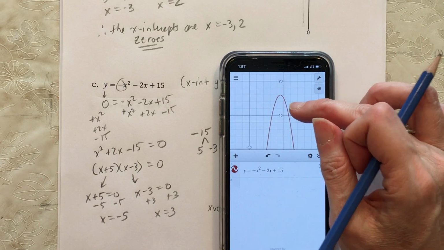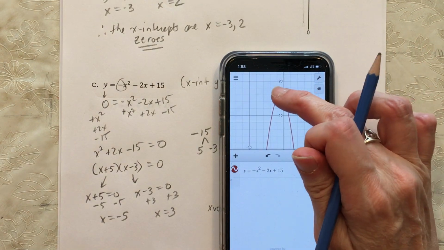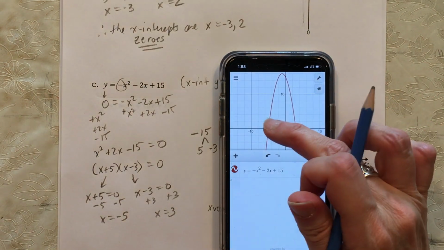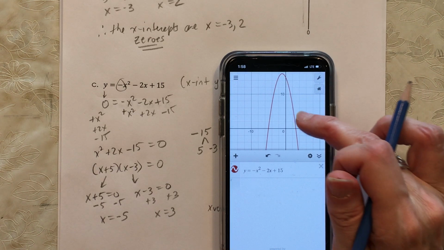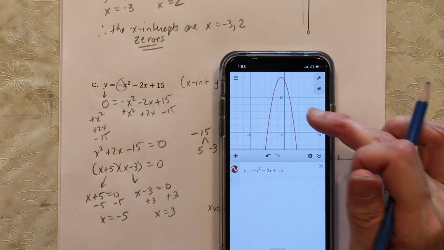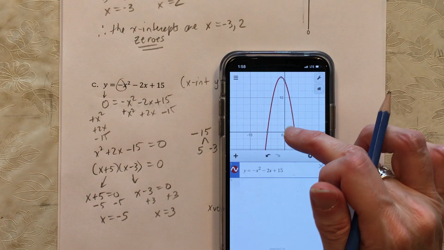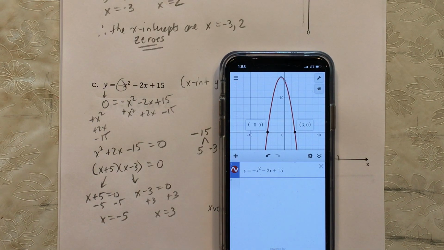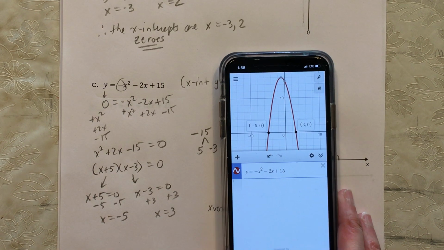And we can see that our vertex is up at -1 and 16. And our intercepts are at 3, 0 and -5, 0, which is what we found. Okay?